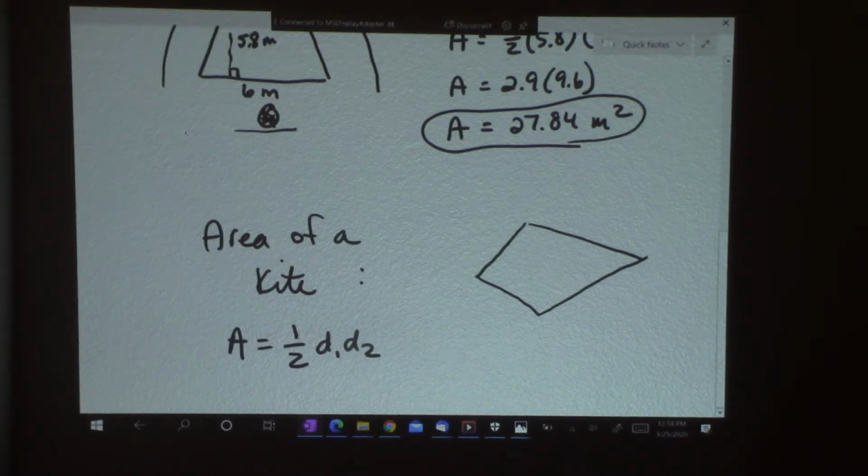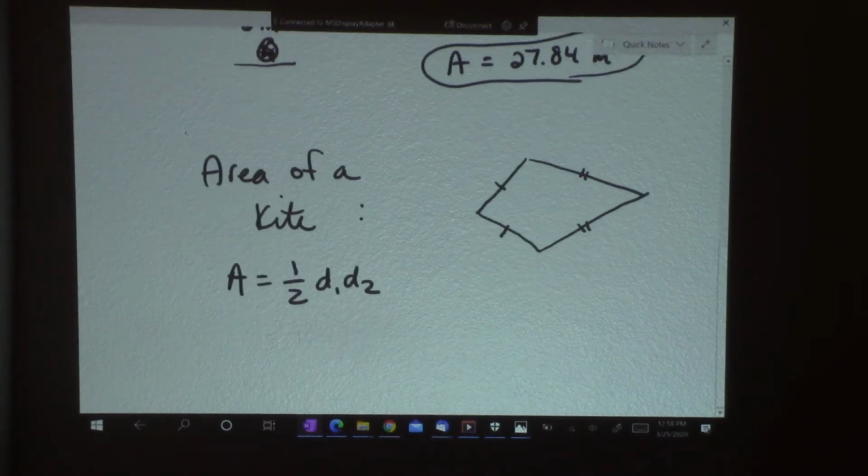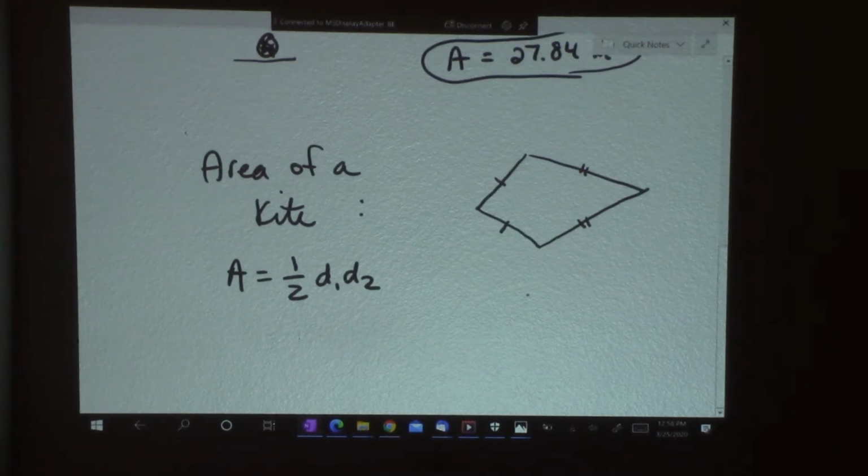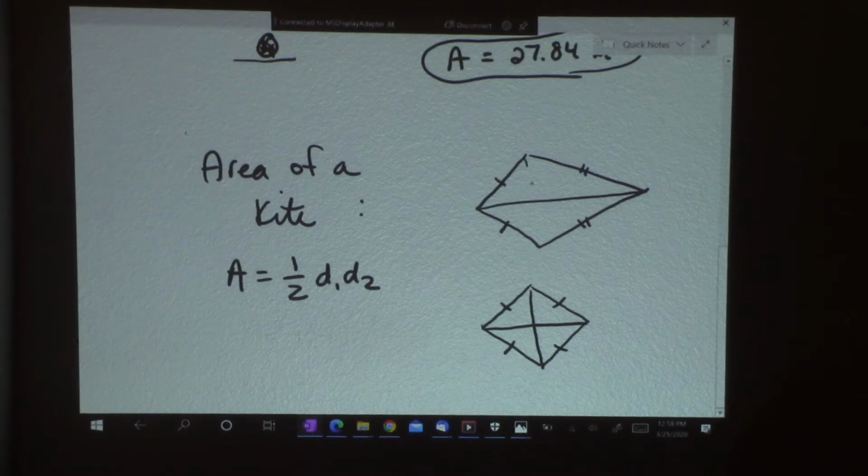Okay. So a kite generally looks like this. Sometimes it's actually a rhombus. A kite can also be a rhombus. That's when they're all the same, like this. But our d's are these diagonals that go across. So you can see here that d1 would be this length, and d2 would be this length.